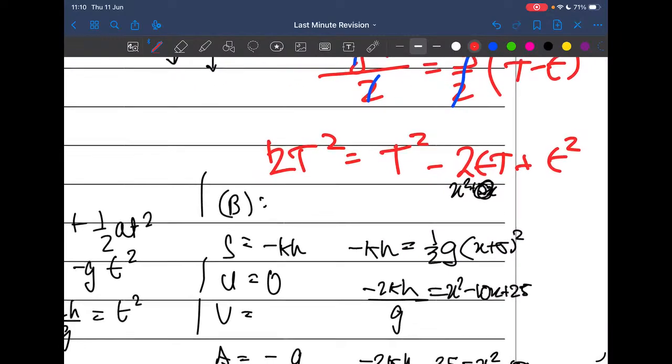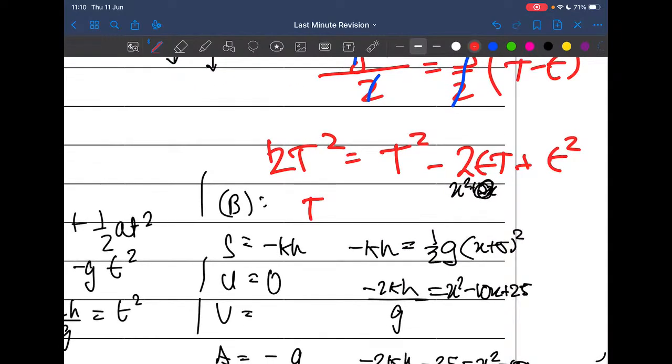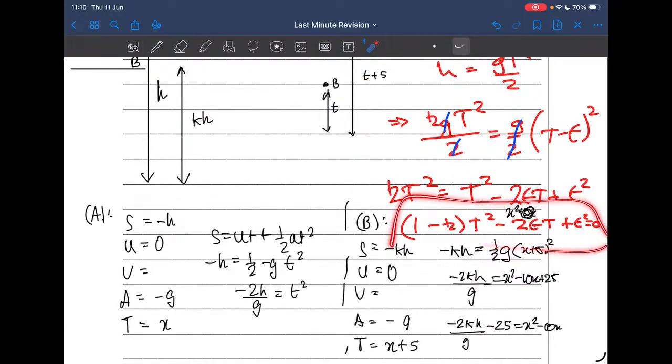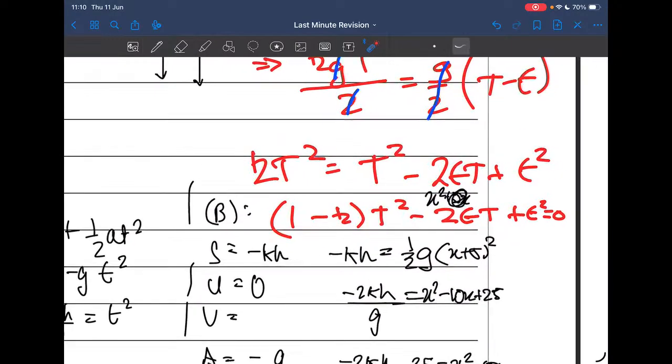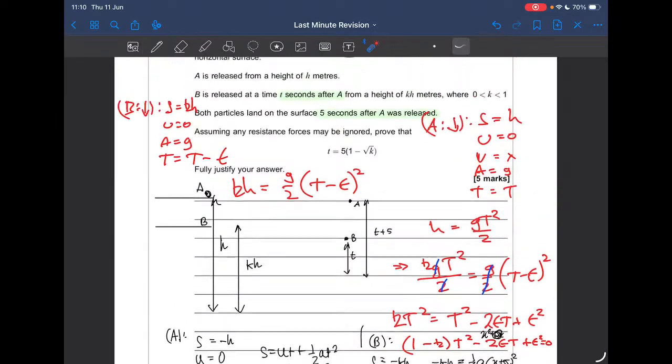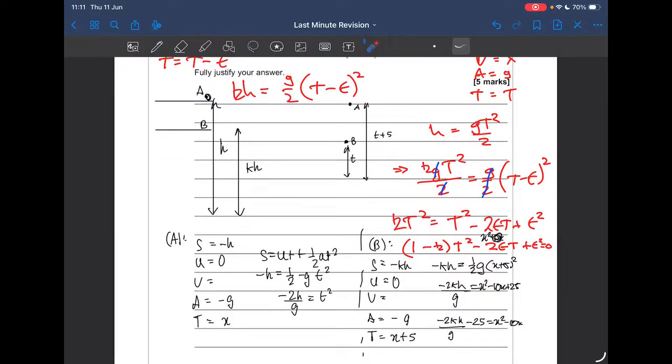Bring this all to one side: t at 1 minus k lots of T squared minus 2Tt plus t squared equals 0. This then is some quadratic, and I'm hoping that we get one solution that is this thing. Doesn't seem like we're going to. I feel like something might have gone wrong here somehow.